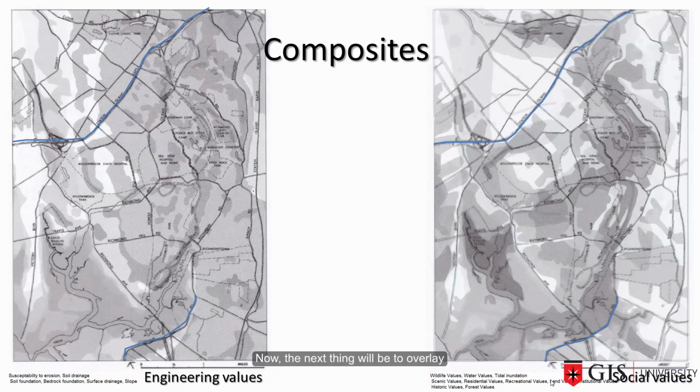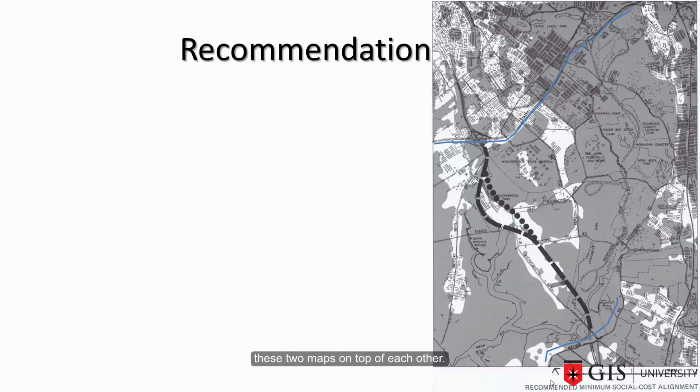Now the next thing will be to overlay these 2 maps on top of each other. And what Ian McHarg came up with was this map here, which he called the recommended minimum social cost alignment for the roadway. Now, a whole bunch of work pulling all those maps together for Ian McHarg and interpreting the 3 shades.